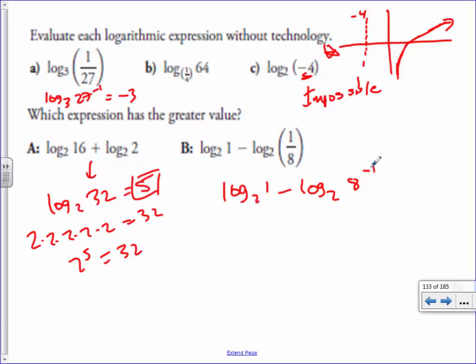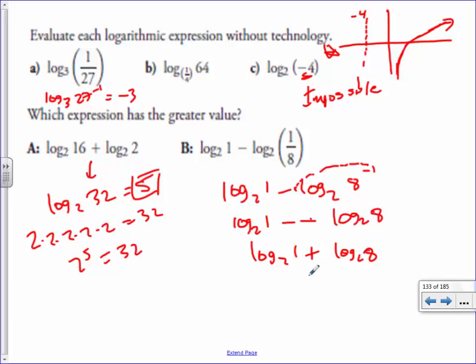What can you do with exponents? Move it in front. Now you move it in front of this logarithm here. But that makes it a plus. Yeah, that's exactly why I picked this example here, right? Because a negative with another negative would be a plus, wouldn't it? So what you'd have is log base 2 of 1, double negative log base 2 of 8, which, skipping a step, just means add.